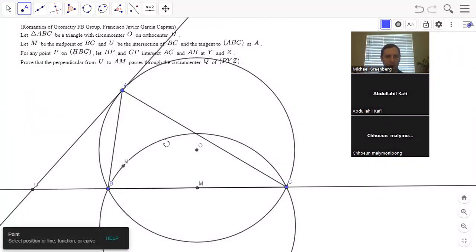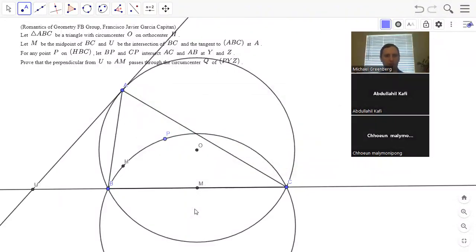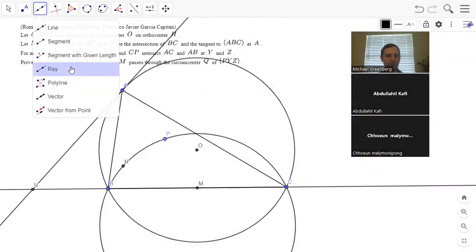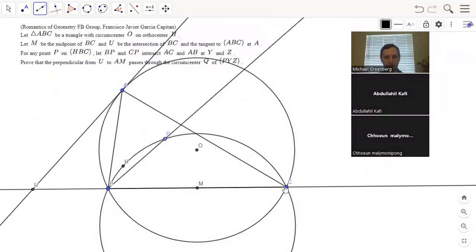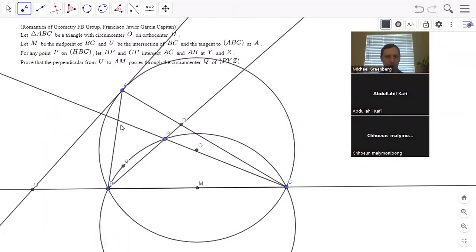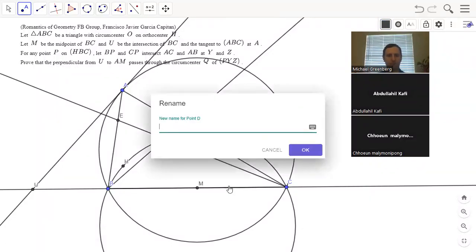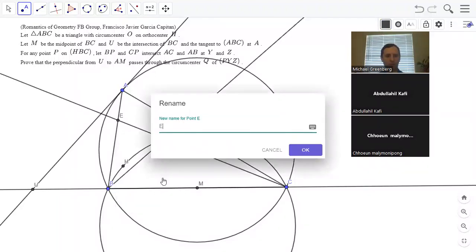We could call it this point P, for example. And we let BP and CP intersect the sides at Y and Z. And we draw the circumcircle of PYZ.